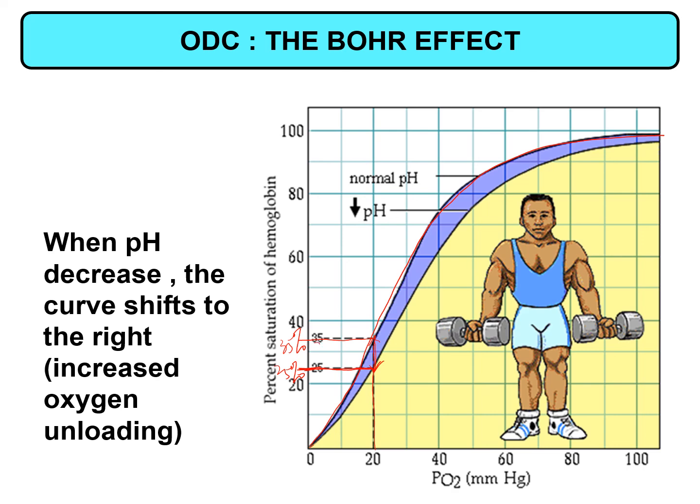So it shows that 10% of the oxygen is released to ensure that the respiring tissue can have oxygen during the respiration.